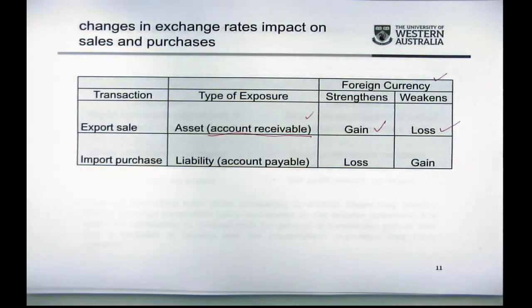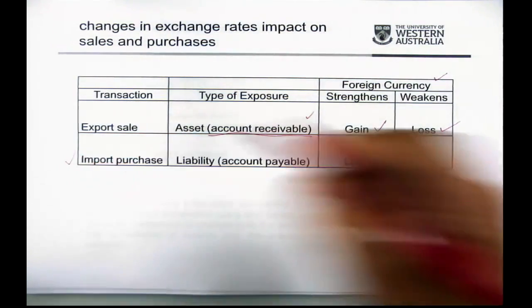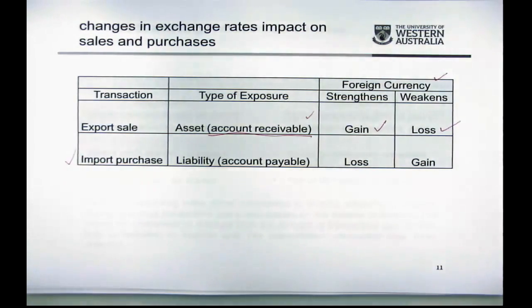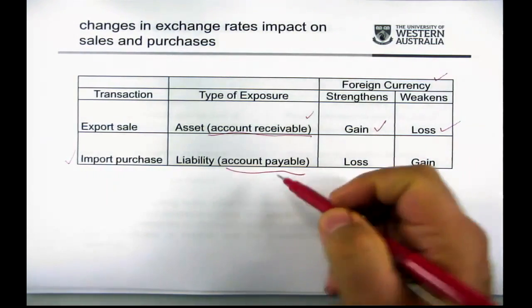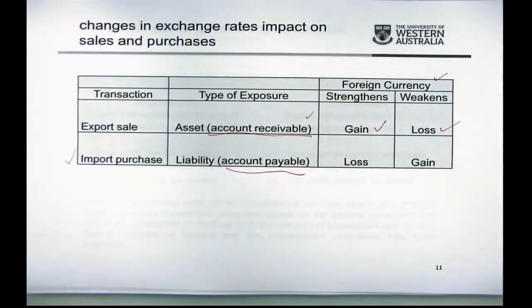Make sense? And the opposite is true if you import goods from overseas or you make purchases denominated in a foreign currency. In this case, your accounts payable will be affected.